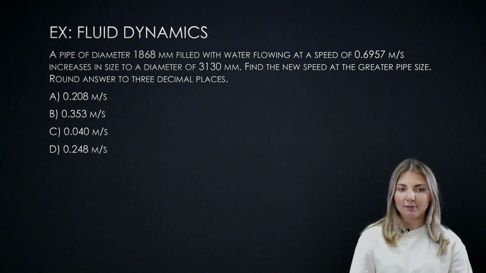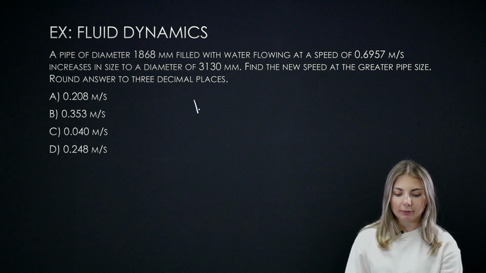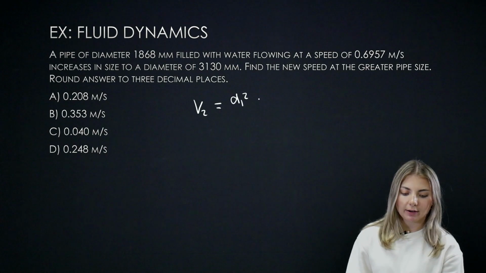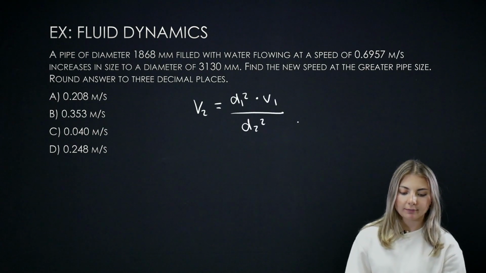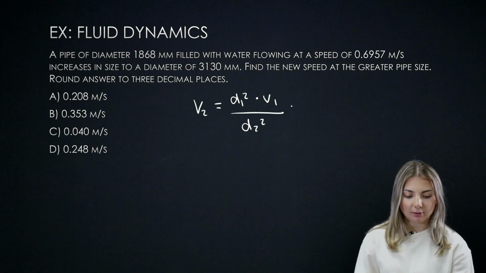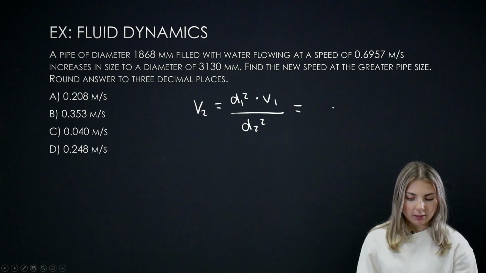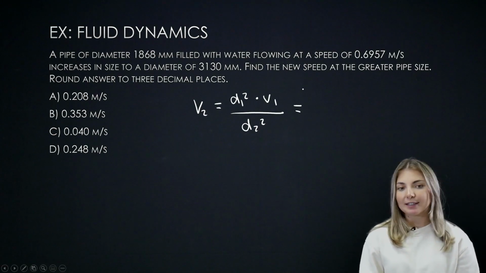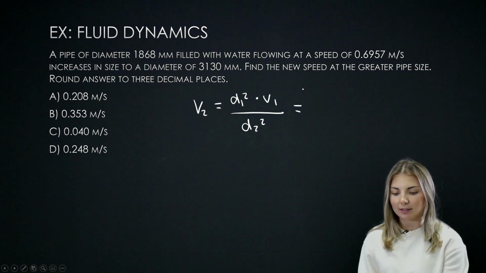Now we can plug in the numbers given and do the math estimation part of this question. So now that we have the algebraic solution, I'm going to write this out again. We have v2 equals d1 squared times v1 over d2 squared. And now we can plug in the numbers given in this problem. d1 equals 1,868 millimeters, but we need to convert this to meters as this is the standard unit.